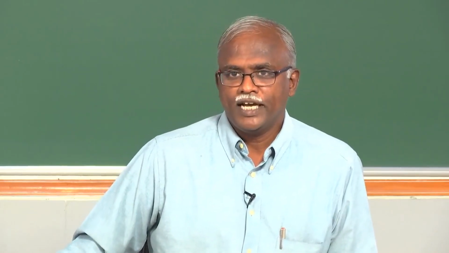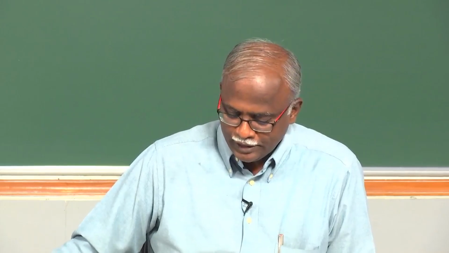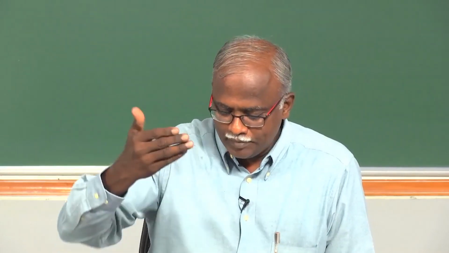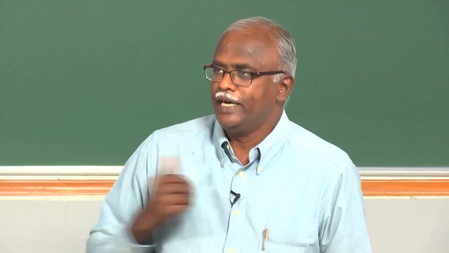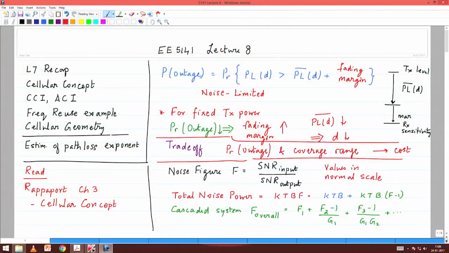Okay, very quickly, the other points that we have discussed in the last class, the noise figure, our understanding is SNR at input divided by SNR at output. We always talk about SNR in dB. But if somebody were to ask you to calculate the noise figure, make sure that you keep in mind that when you write it as a ratio, it has to be in the normal scale, not in the dB scale, because if you wanted it in the dB scale, you have to write it as SNR input minus SNR output.